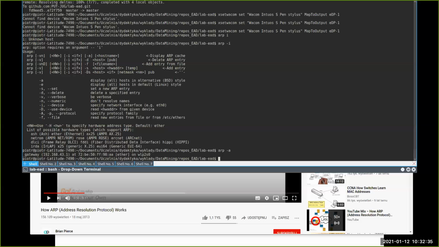They have an ARP table, and when they want to send data to a particular node, to an IP address, they are able to take the MAC address and send it using the MAC address.